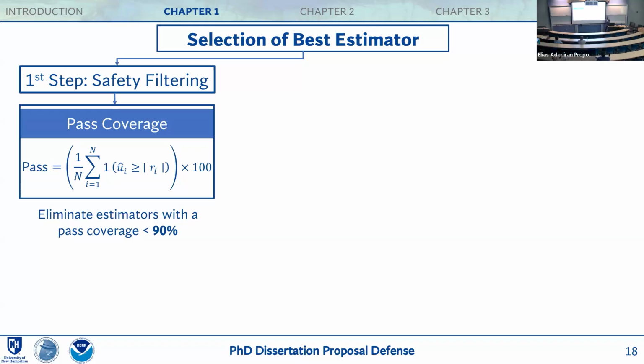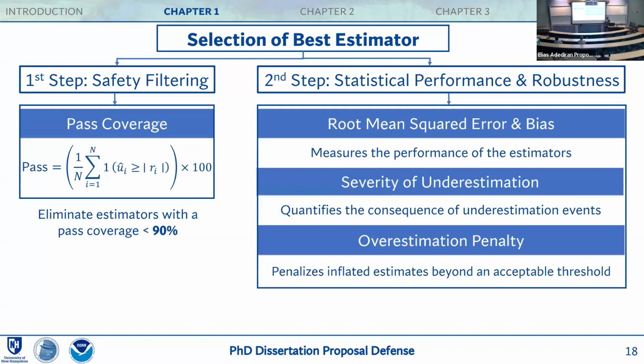So once we've eliminated the methods that do not meet this minimum requirement, the next step is evaluating the remaining methods using statistical performance. By statistical performance, I mean looking at the root mean squared error, the bias, and penalties for underestimation and overestimation. Because we are trying to estimate interpolation error, we don't want to underestimate, and at the same time, we don't want to overestimate.